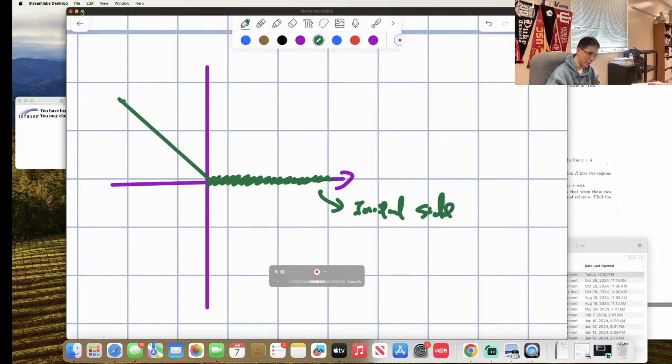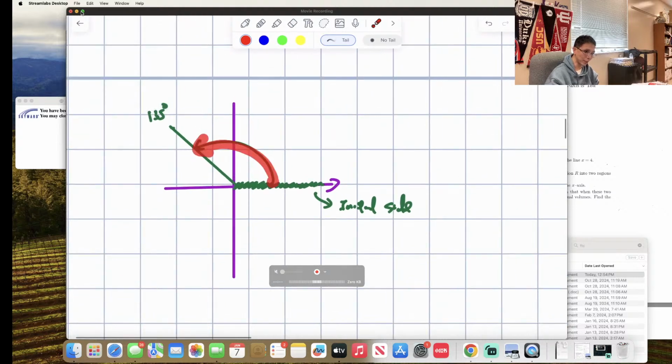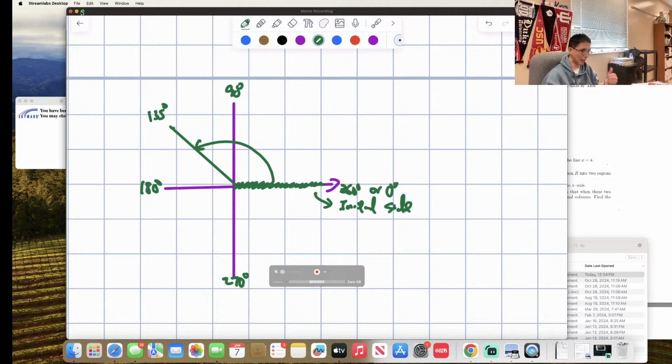Let's say the opening is right here, and that's 135 degrees. You start from here and rotate like this, and that's how you draw 135. By the way, you should know this is 90 degrees, this is 180 degrees, this is 270 degrees, and this is 360 degrees or 0 degrees. So 135 is between 90 and 180.